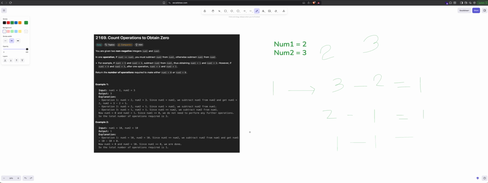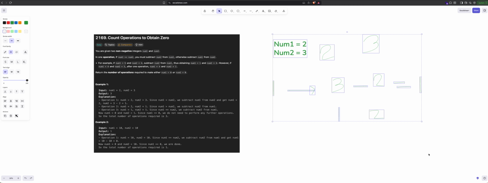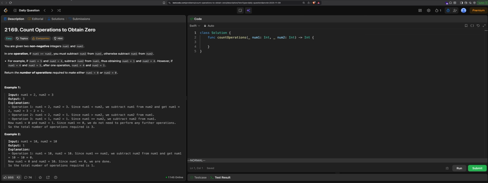Right, this is for example 1. Then for example 2, which is pretty straightforward, since the two numbers given are the same, we just subtract num2 from num1. The operation is 1, which results in an output of 1.